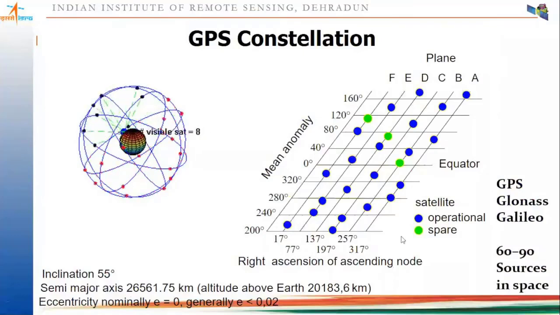There are many constellations: apart from GPS, there is GLONASS and there is Galileo. So almost 90 sources are already in space. If we put a receiver for GLONASS, for GPS, and for Galileo, only the receiver has to be put there, so we can get the signals from the different satellites.